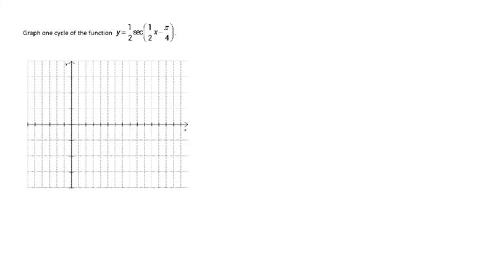Now, going to this specific example, so the 1/2 secant of 1/2 x minus pi over 4. In part 1 of the video, we graphed the reciprocal function 1/2 cosine of 1/2 x minus pi over 4.